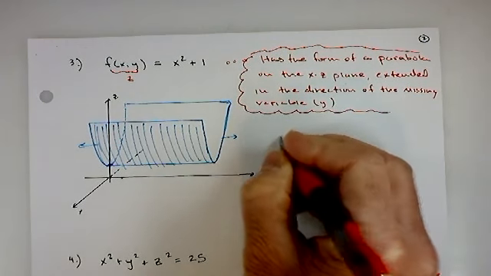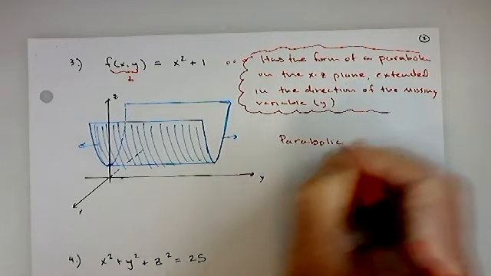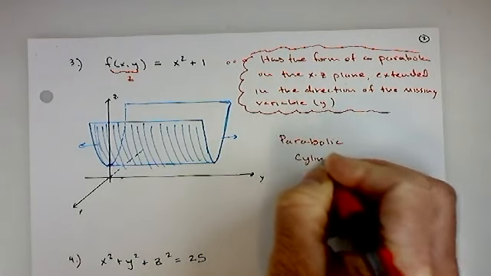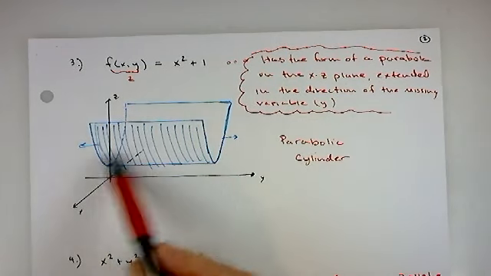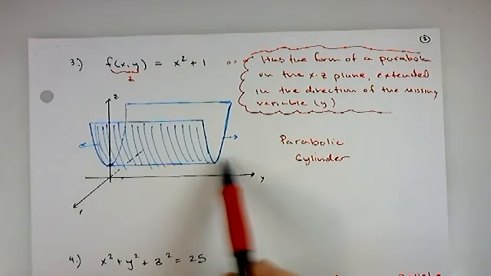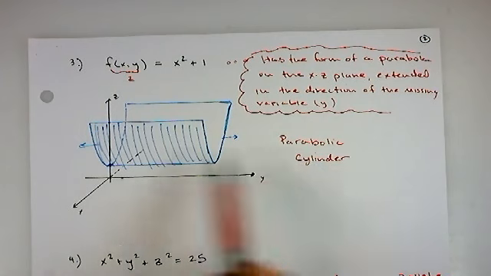Probably more accurately, we could say this is a parabolic cylinder rather than a circular cylinder. But any two-dimensional graph that's extended perpendicular to the plane it's drawn in, by definition, is a cylinder. So this would still be identified as a cylinder.